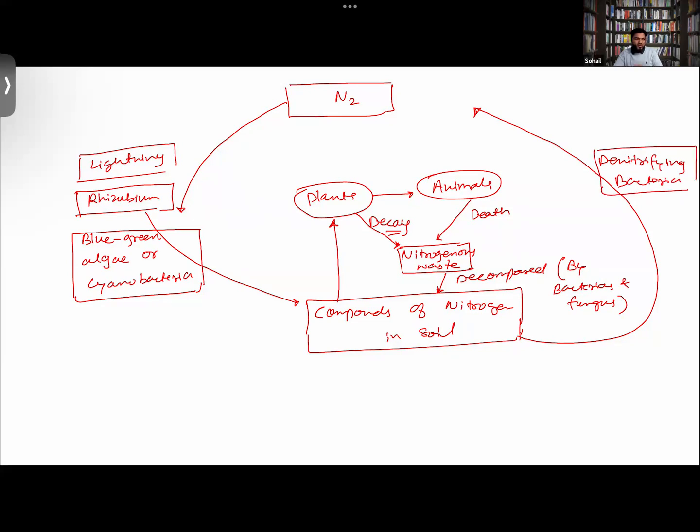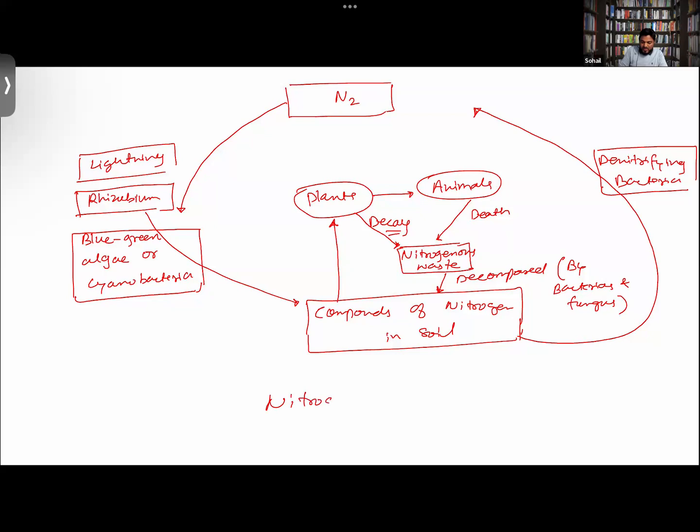I don't recall the name, but that is not very important here. Anyway, I will tell you about this. So that is the whole process, right? If there is any doubt in it, please let me know. So that is the nitrogen cycle for you.